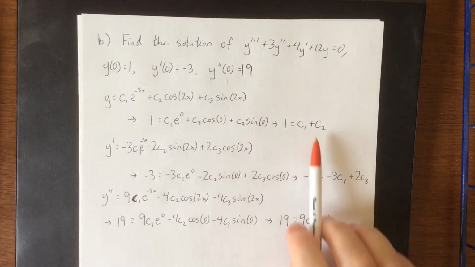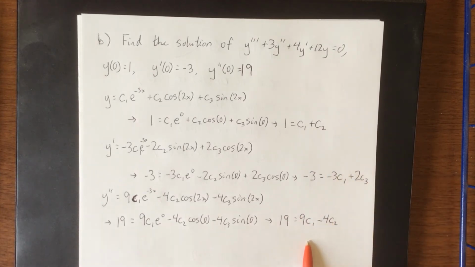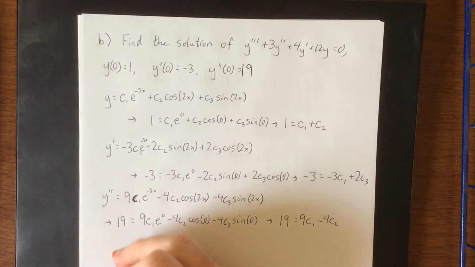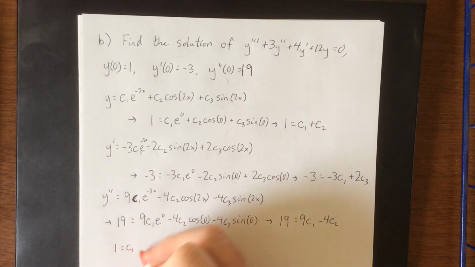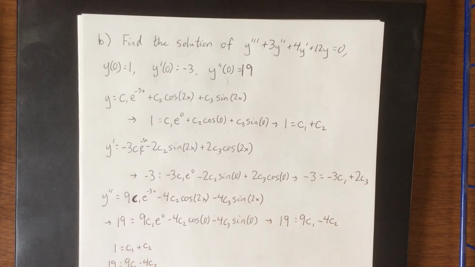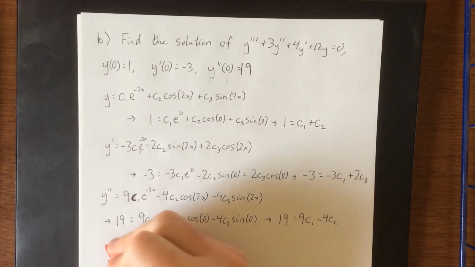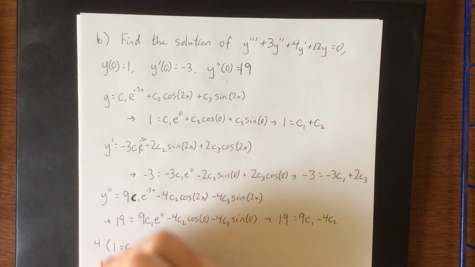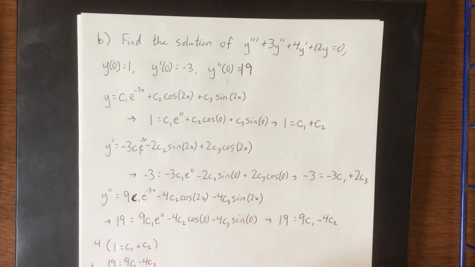So what results is a system of three equations with three variables that we can proceed to solve for c1, c2, and c3. I'm going to start by using the first equation and the third equation that we set up, because those two equations only have c1 and c2 in them. I'm going to multiply the first equation by 4 and then add the two equations together.